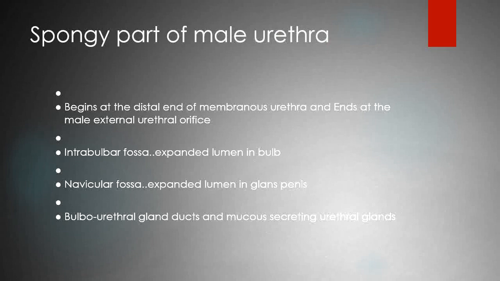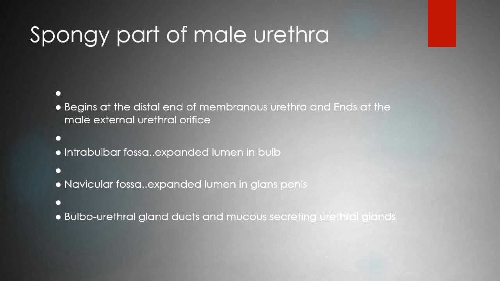Spongy urethra begins at the distal end of the membranous urethra below the perineal membrane and ends at the male external urethral orifice. The lumen of the spongy urethra is expanded into the bulb of the penis and it forms intrabulbar fossa, and the lumen of the spongy urethra in the glans penis is expanded to form the navicular fossa.